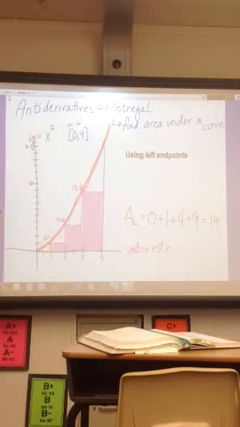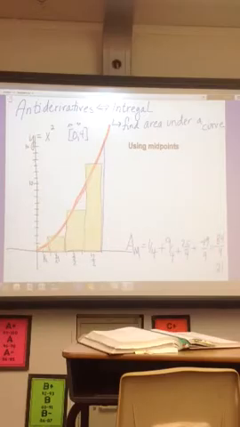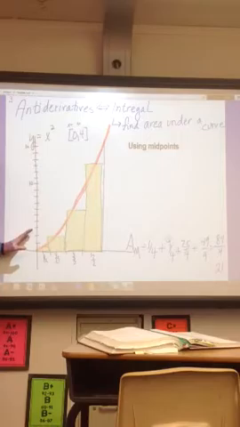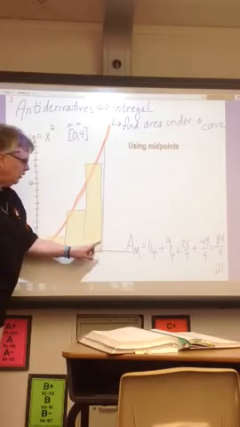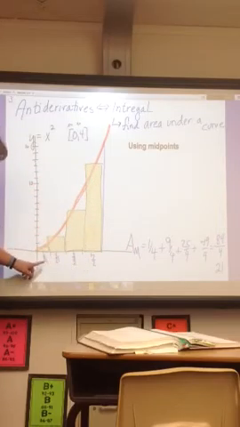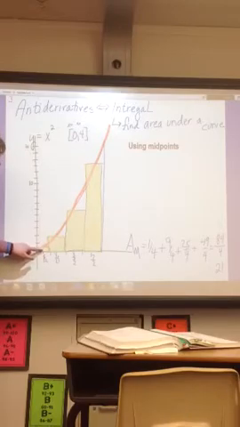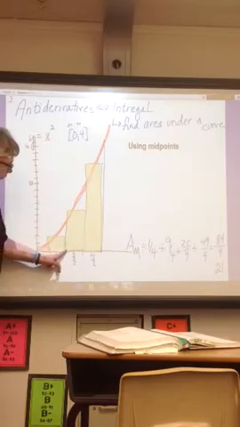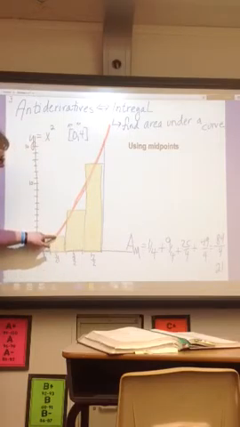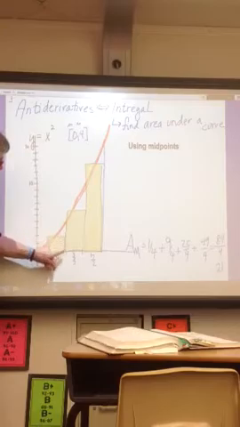And then the last one we want to look at asks us to use the midpoint. So my graph is exactly the same. I still have my points 0 to 4, but when I determine this height, I base it on the midpoint. So the midpoint between 0 and 1 is a half, so the height here would be a fourth. Here, the midpoint would be 3 halves, so the height here would be 9 fourths.